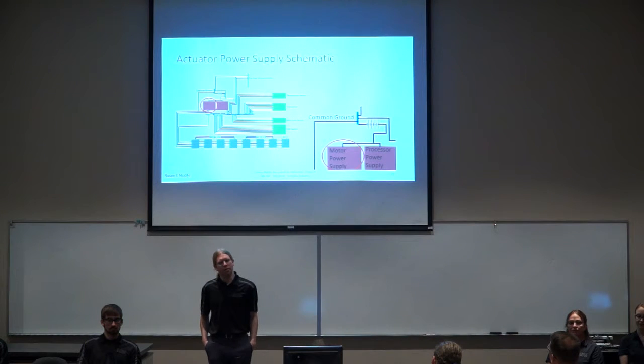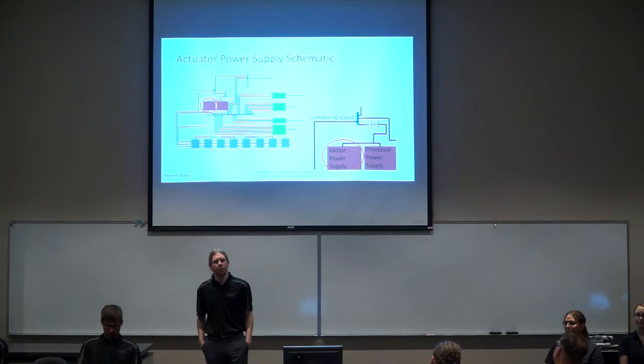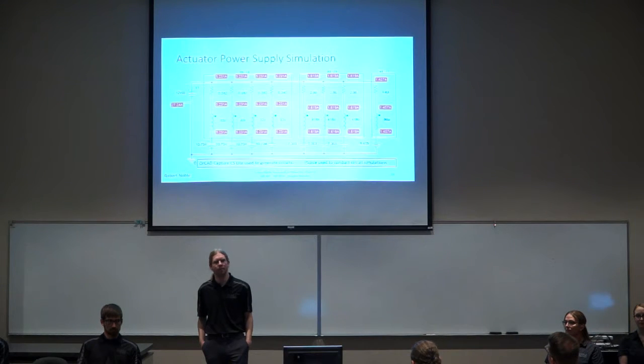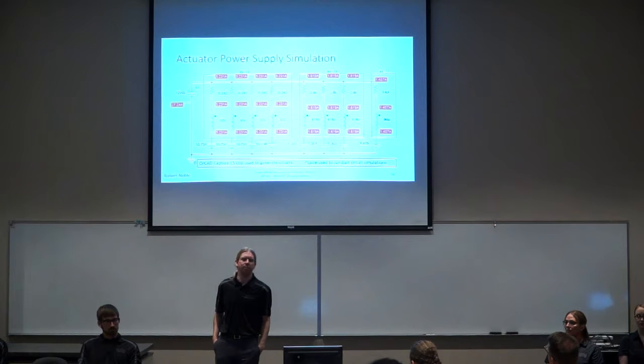In this diagram, the motor power supply is connected from the battery and feeds into all the motors as indicated in gray in the diagram. So now I will talk about the power supply simulation.